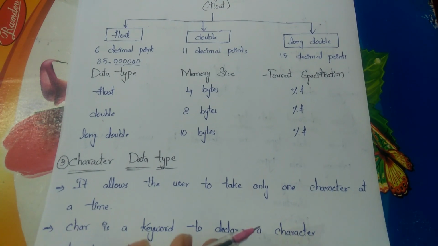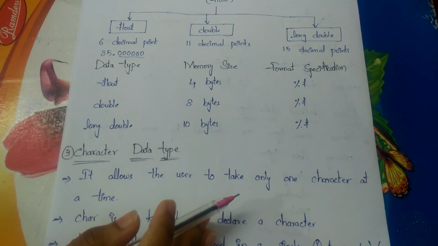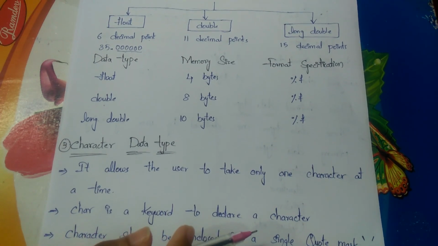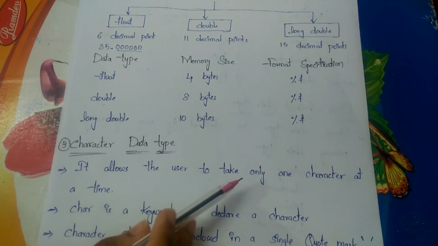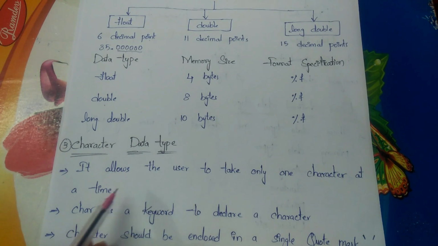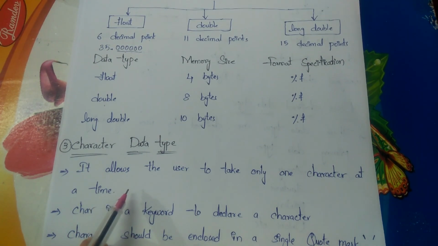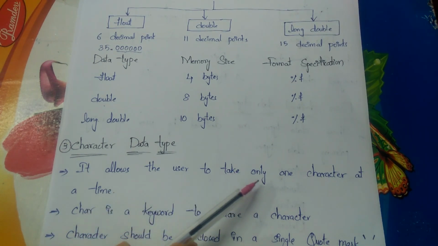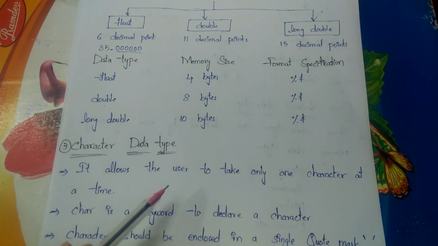And finally we have the character data type. In character data type, we use char as a keyword. It allows the user to take only one character at a time. We cannot use many characters by declaring a single character.